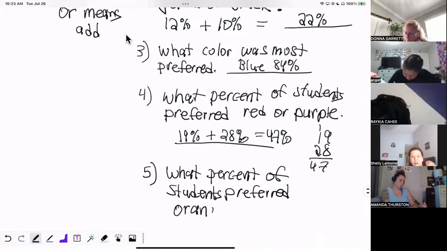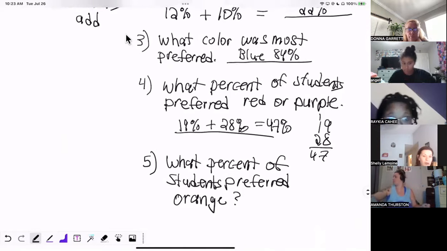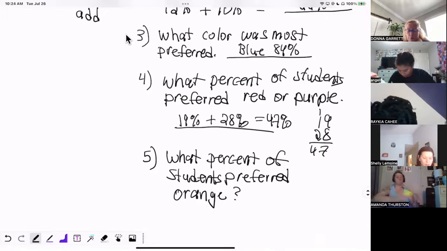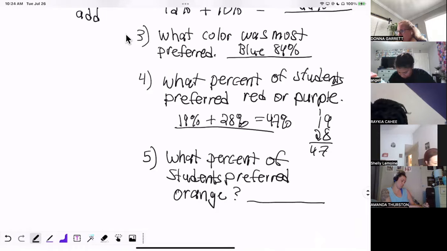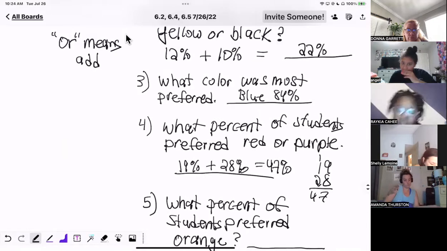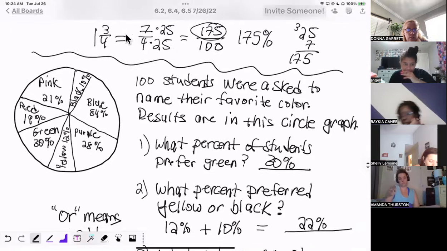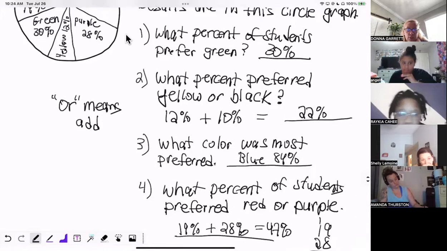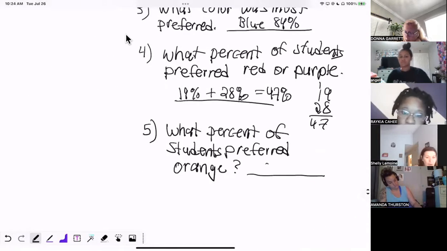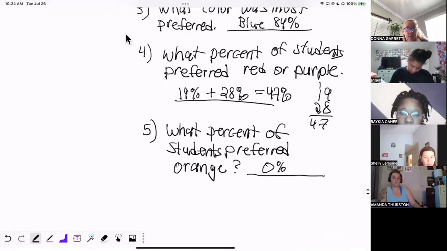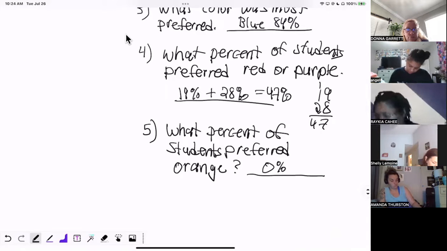What percent of students preferred orange? Is there orange in my chart? I don't see orange anywhere. So that's almost like a trick question, but the answer is 0%. There is no orange in my graph. So if you ever ask that question and it's not in your graph, it's just 0%.